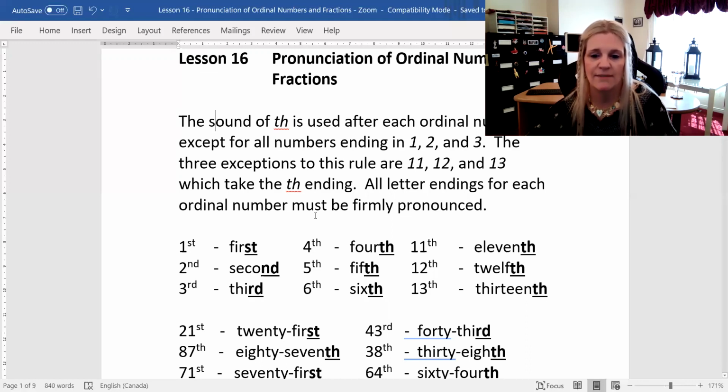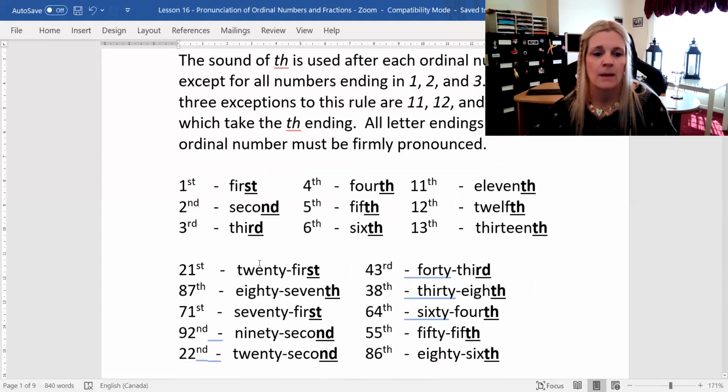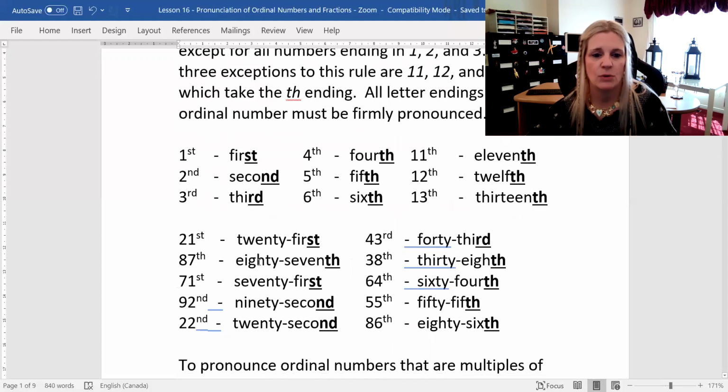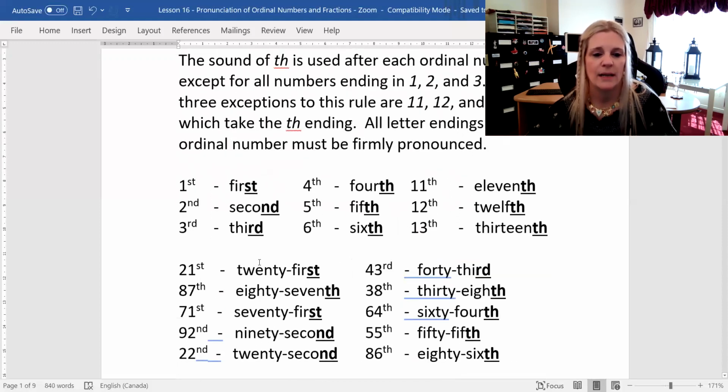Now here's the 11. So we say 11th. 12 is 12th. 13, 13th. Okay, that was pretty easy. So let's just practice a few when they are in multiples of 10.